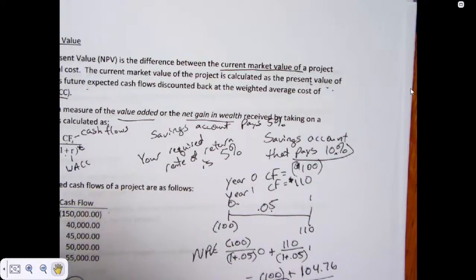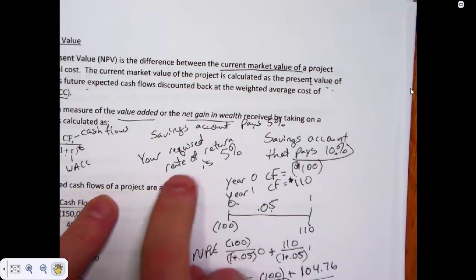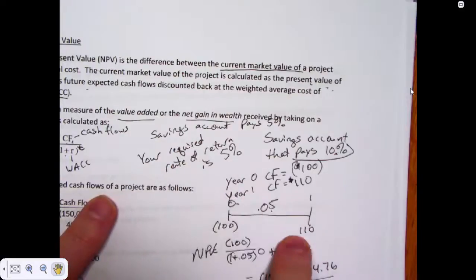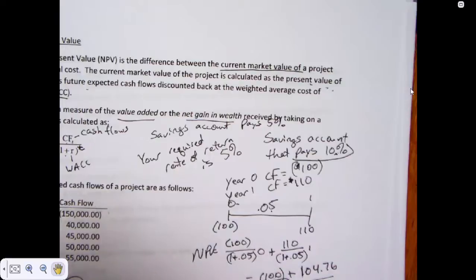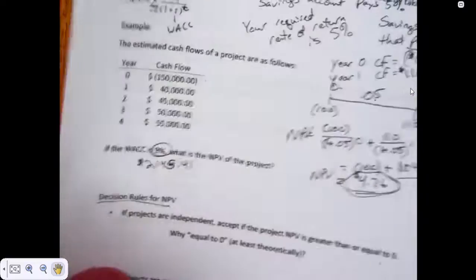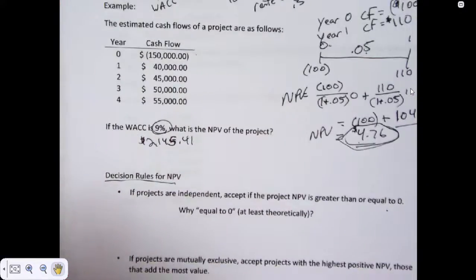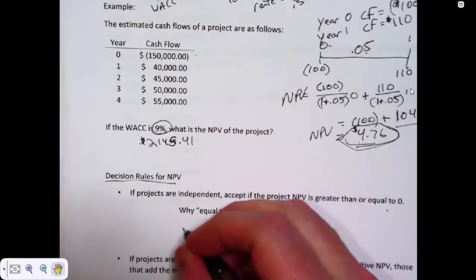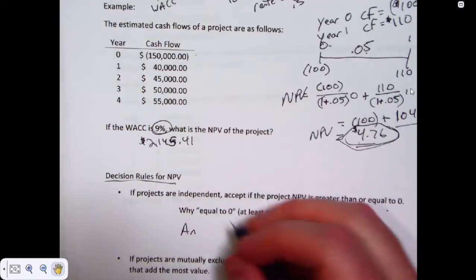Unless you had a better option out there, you would go ahead and take it because you're happy with it, because it actually gives you back what you required. The NPV of this situation, if we were to calculate this out: we would have $105. We discount it back by 1.05 and we get $100. So this would be negative 100 plus 100, it would be 0. Okay. An NPV of 0 just earns back the required rate of return.